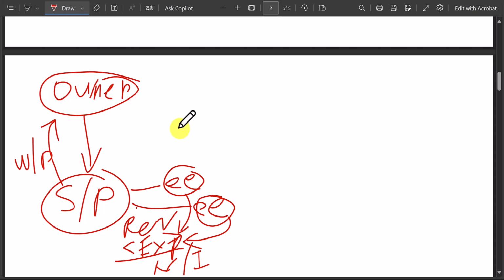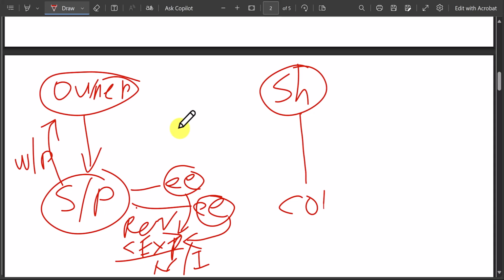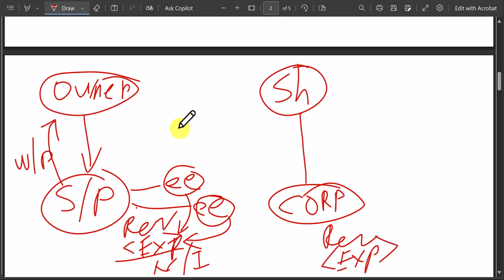So let's go to what we know here for corporations. The owners are called shareholders, and you could have dozens, millions. Here's our corporation. And like any other business, we have revenue and expenses, hopefully profits, net income.